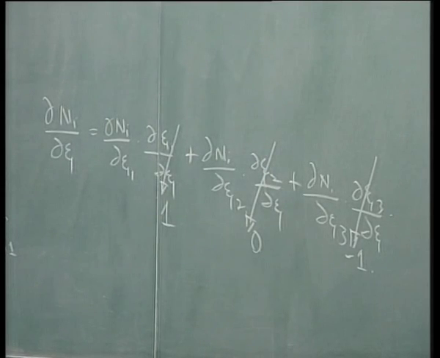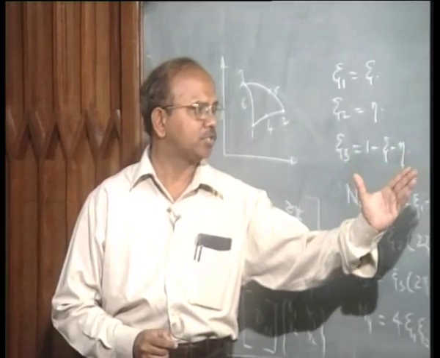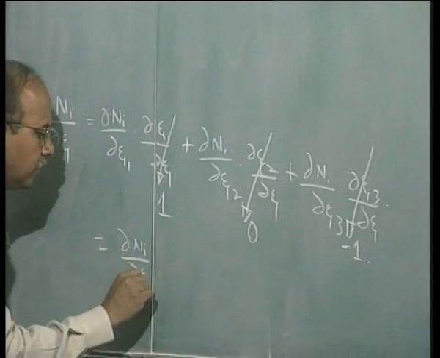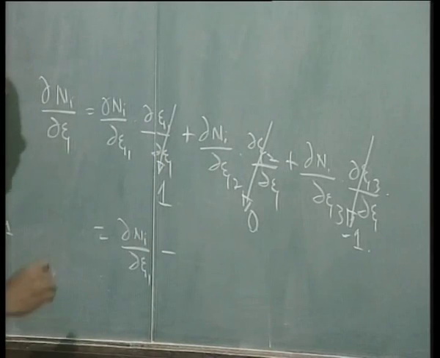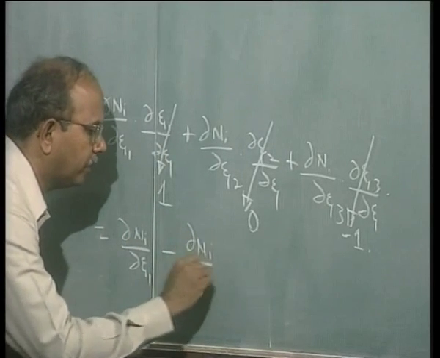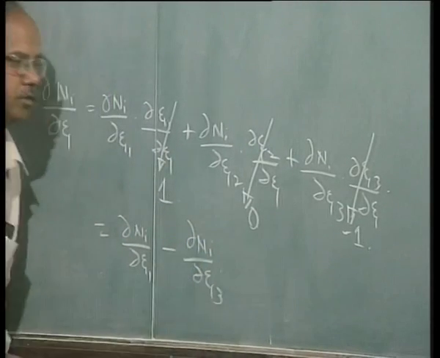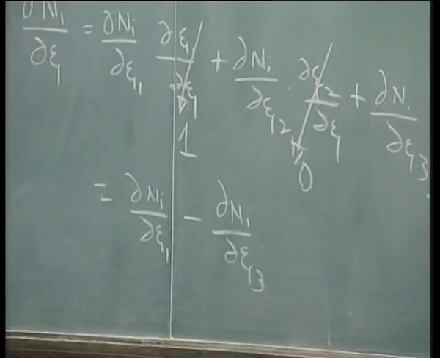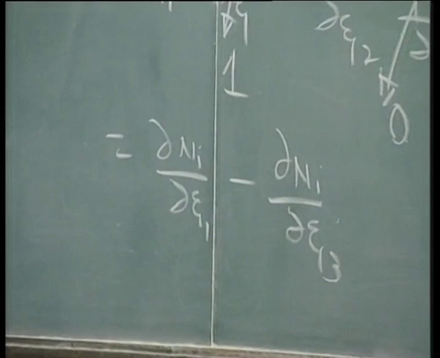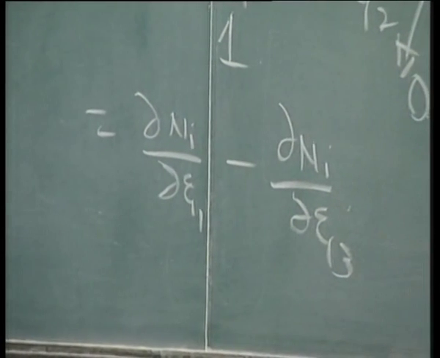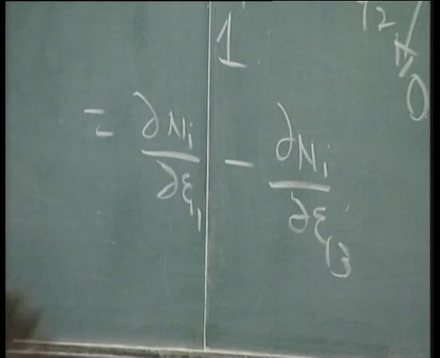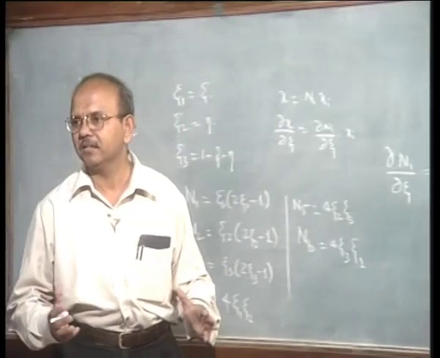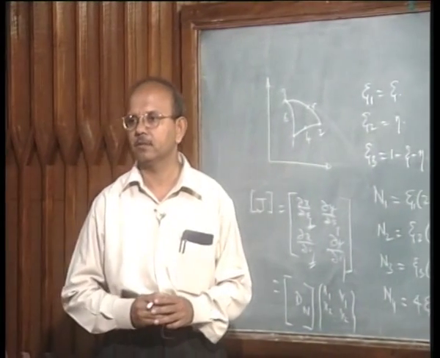Is it clear? So essentially dou Ni by dou psi now becomes dou Ni by dou psi 1 minus dou Ni by dou psi 3. Once I have this, my entries in Dn become very straightforward.